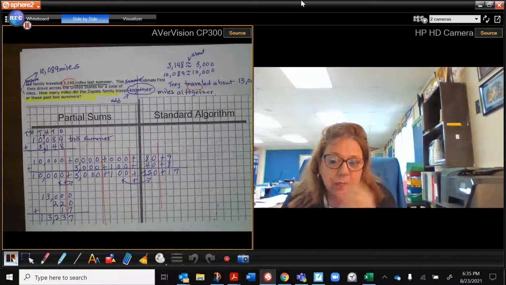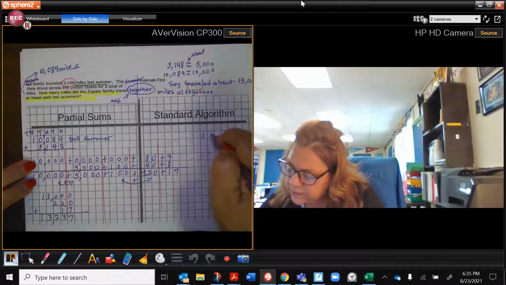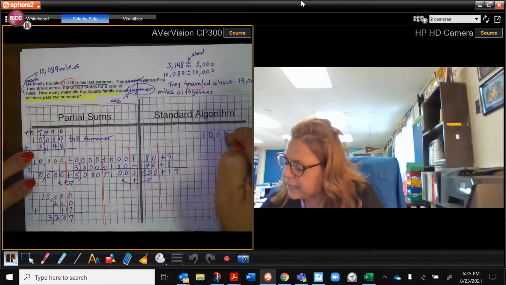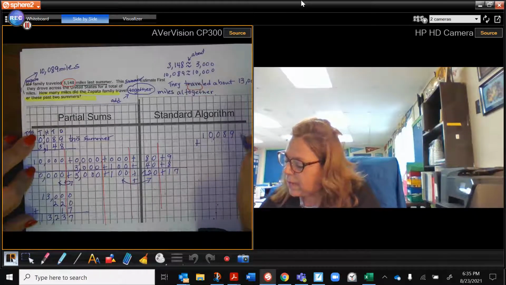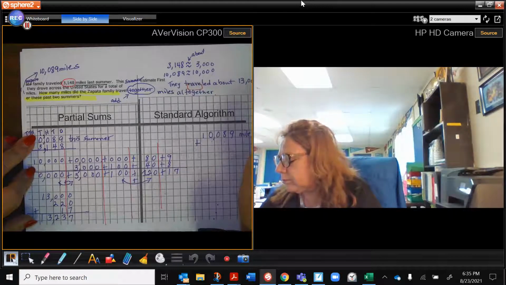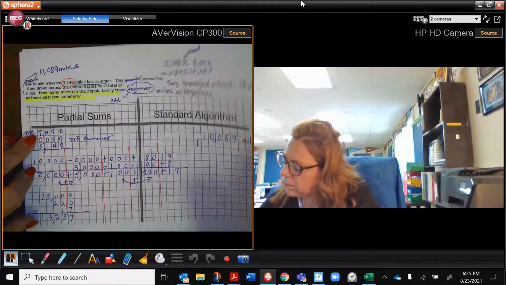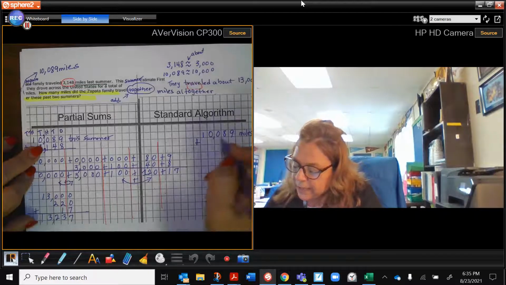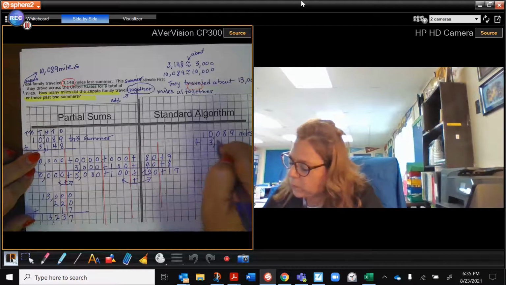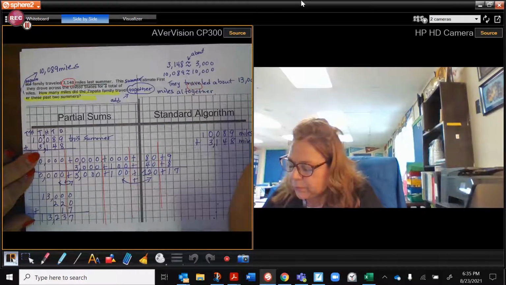And are you able to identify it and know the process? I'm going to take my 10,089, which is miles this summer. Hit S for summer. There you go, I just spelled it out. Then I have 3,148, and this is miles last summer.